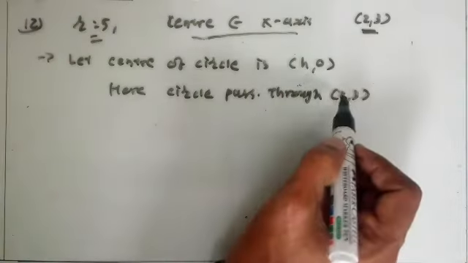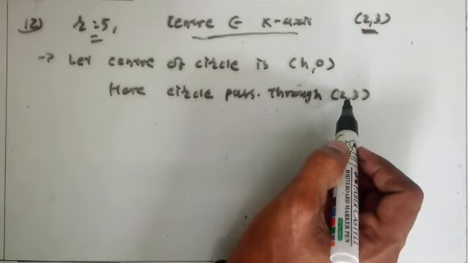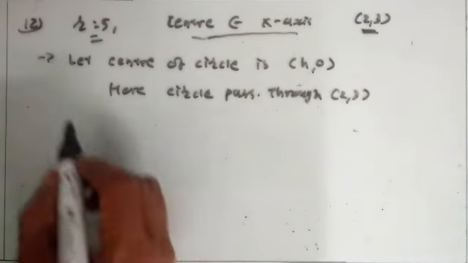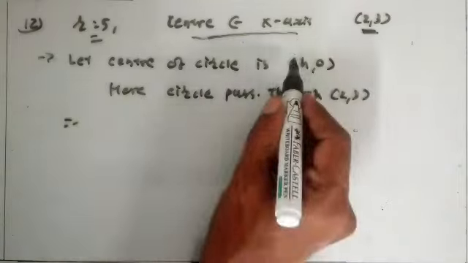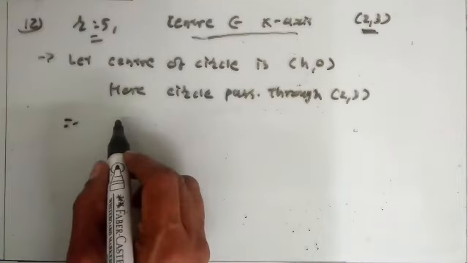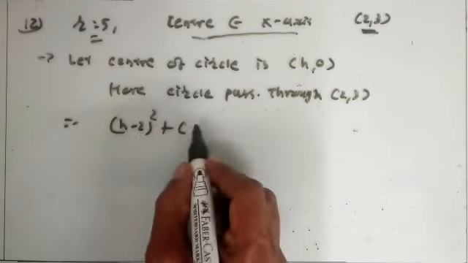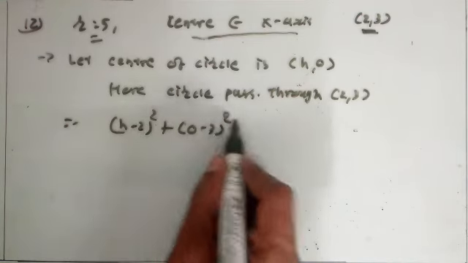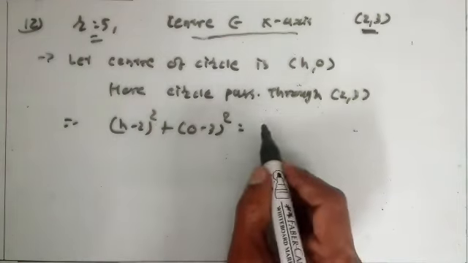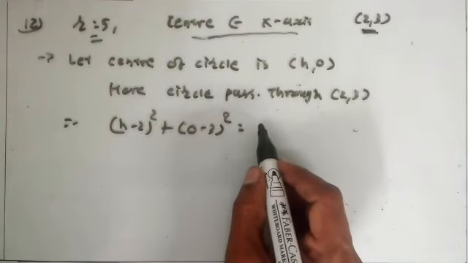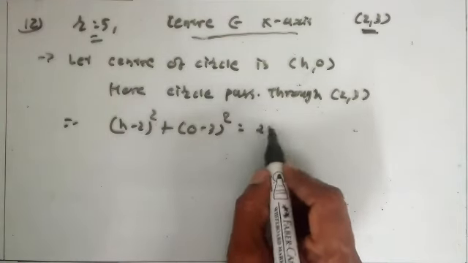So the distance between the center and this point of the circle becomes the radius. Therefore (h minus 2) raised to 2 plus (0 minus 3) raised to 2 is equal to the radius square, 25. Okay.